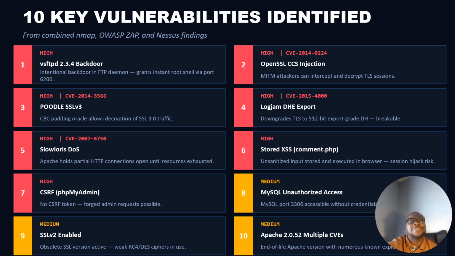Number 8 is the MySQL exposure. Having a database server accessible without authentication on a network is a critical data security risk. 9 and 10 reflect the outdated SSL and Apache versions. Any one of these vulnerabilities alone would be sufficient for a skilled attacker to compromise the system.